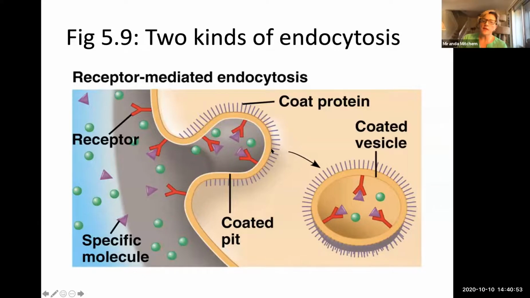So one of the things that bothers me about this figure, and it would be fine if it were correctly represented in phagocytosis, is it brings in this non-specific material. See, we've got this other molecule here that does not interact with the receptor. And yes, that does happen. That's not my dispute.